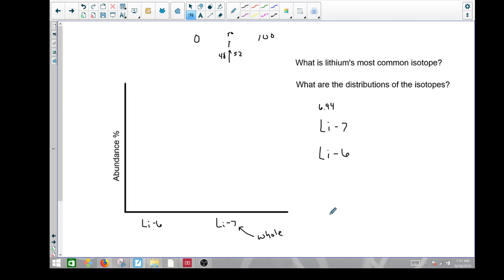The average could be a whole number if you got lucky, but typically the average is a decimal. So lithium-6 is going to be relatively small, and lithium-7 relatively large. It ends up being about 96% and about 4%. That's what I got online. But again, the only way you can get that is from actual data.